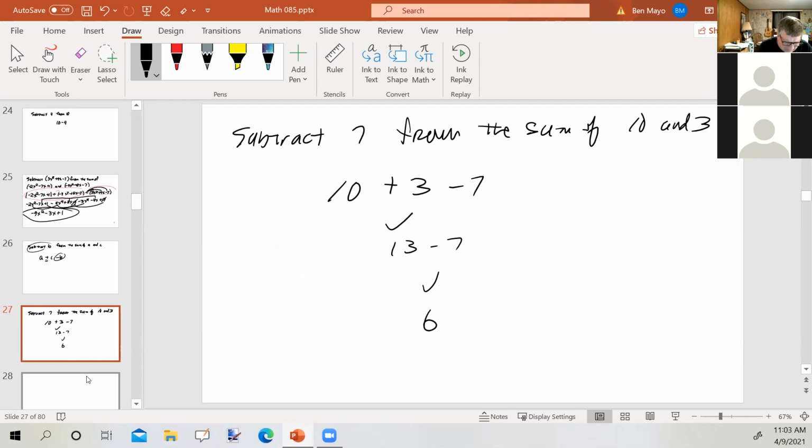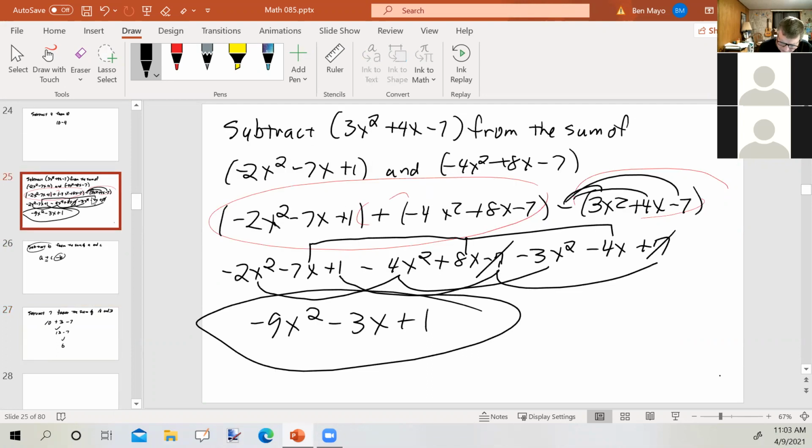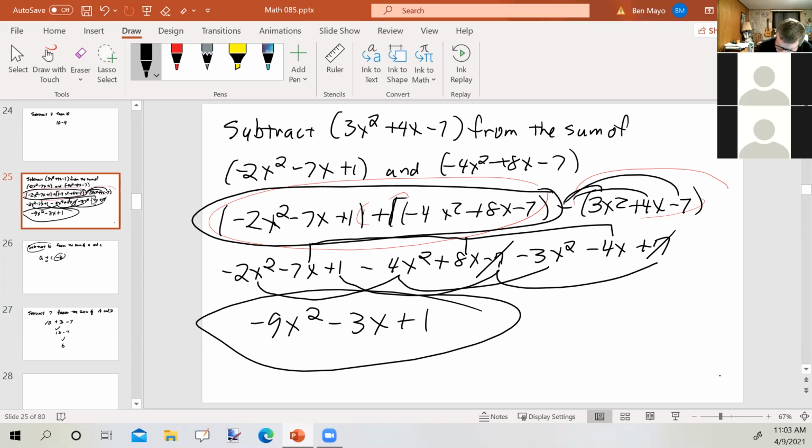Yes. Yeah, and we could do that. We could technically just add these two together first, and there's nothing wrong with that, but by getting rid of the grouping symbols, by distributing the plus and the minus, once we're at this state where we've got a whole string of terms, we can go through and combine them without having to do the first two polynomials first.